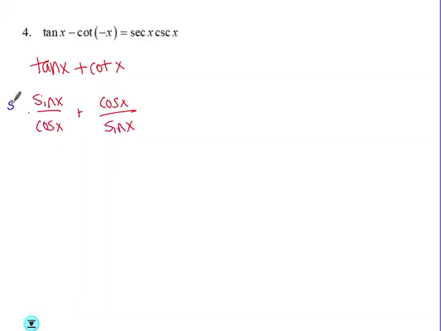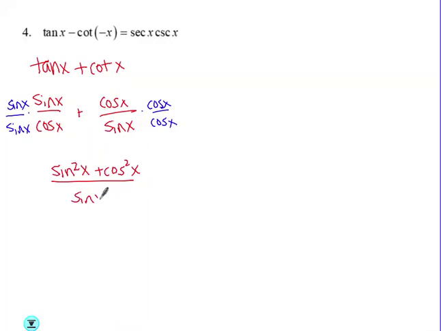So I'm going to multiply by sine of x over sine of x and cosine of x over cosine of x. So I end up with sine squared of x plus cosine squared of x over sine of x cosine of x. The numerator is one of our Pythagorean identities, so I have 1 over sine of x cosine of x.